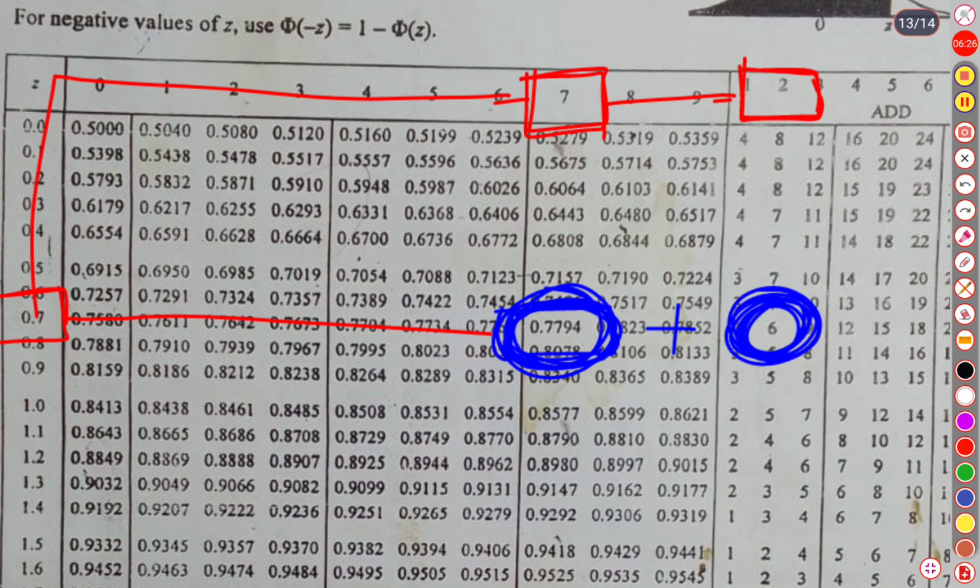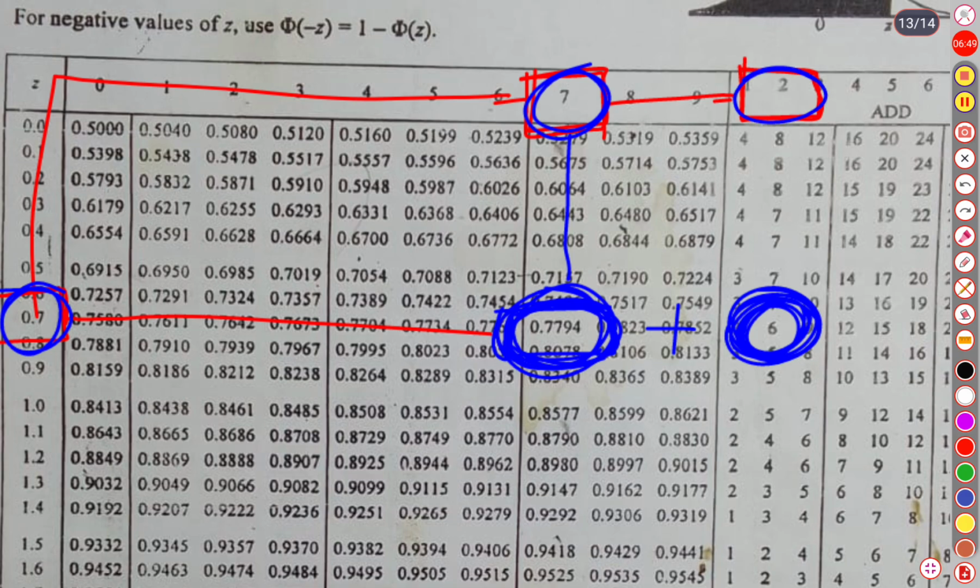We are not searching for probability, we are finding the z score. So the corresponding z score is: the row is 0.7, then the column is 7, so 0.77, and the third column is 2.